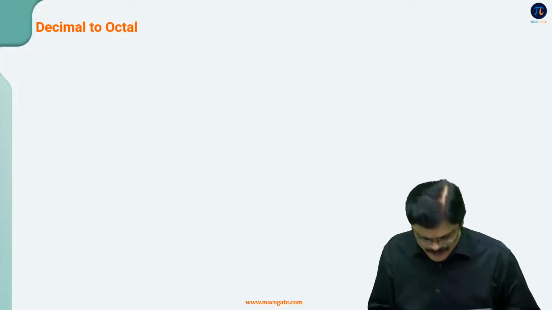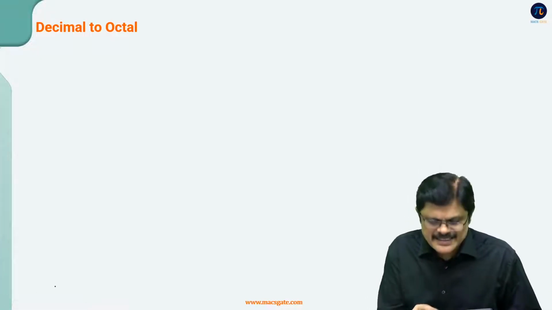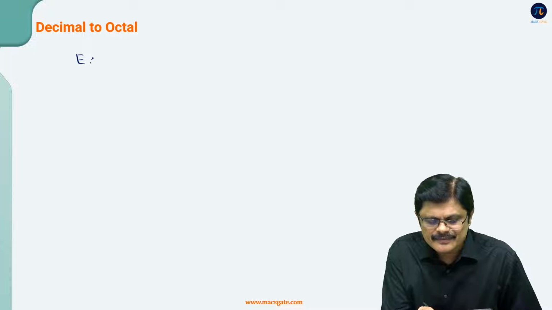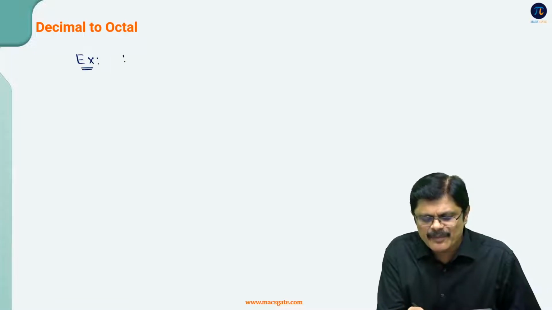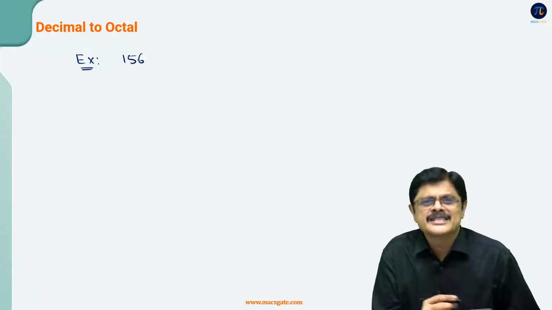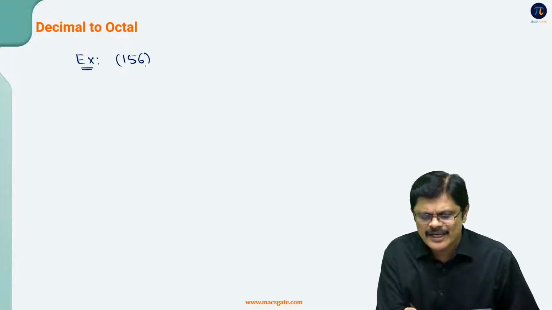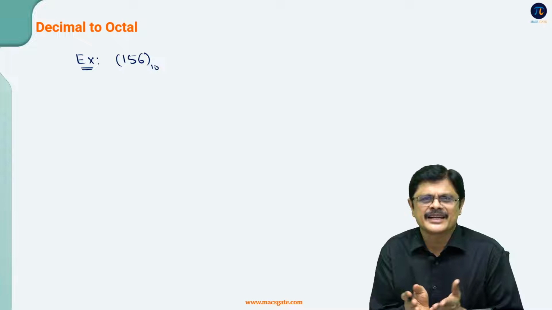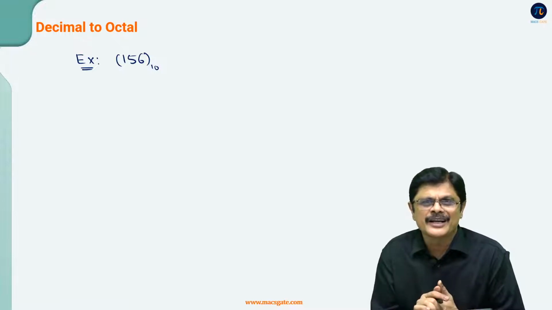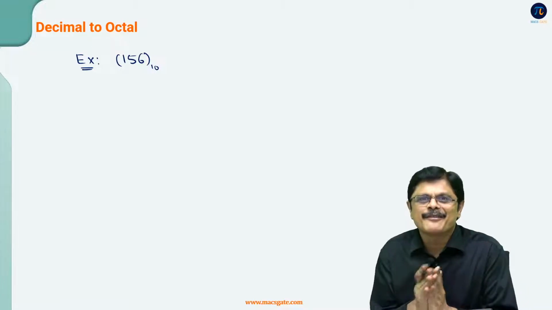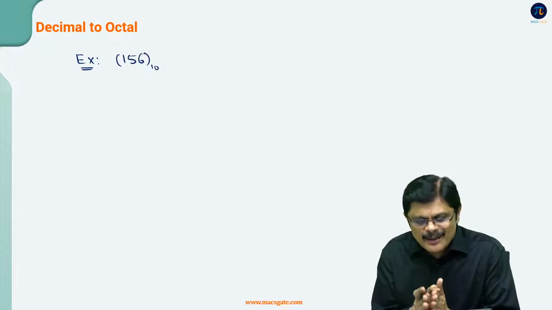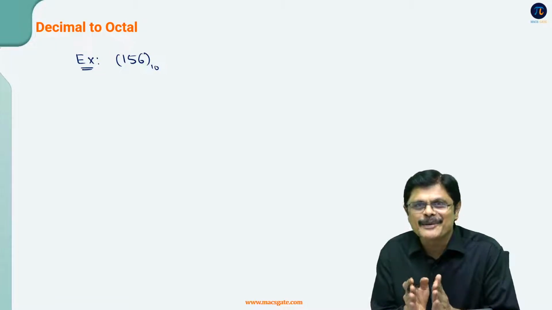Decimal to octal. Let us take one simple example. Consider the number in the decimal system. By default, when it is in the decimal system, we call it base 10 system. Of course, when you understand, you do not have to write it, but here, because you are converting from decimal to octal, better to write it down in that particular system.